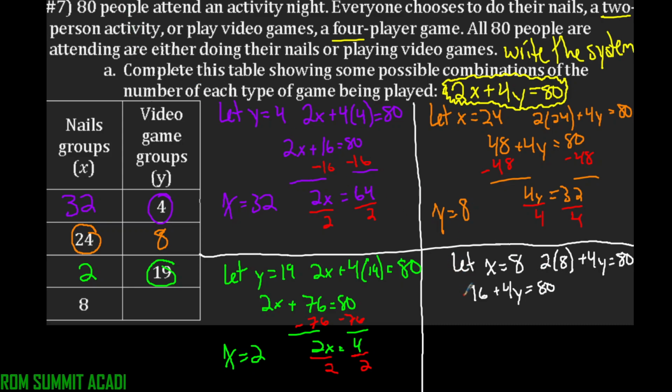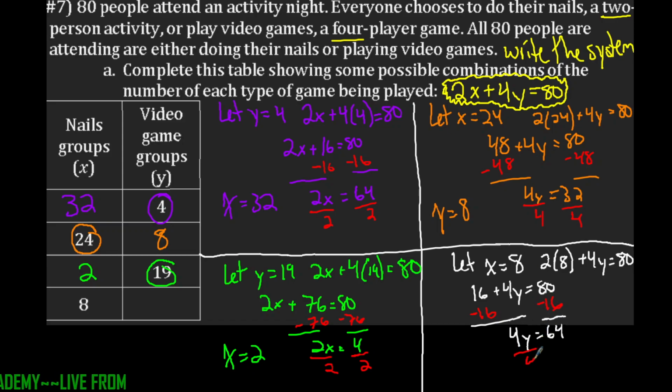Subtract both sides by 16, so minus 16. So then we have 4y equals 64. Last step, divide both sides by 4. And we could say y equals 16. So when x equals 8, our y value is 16.